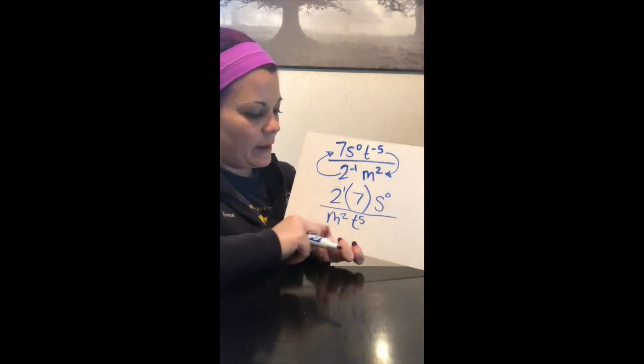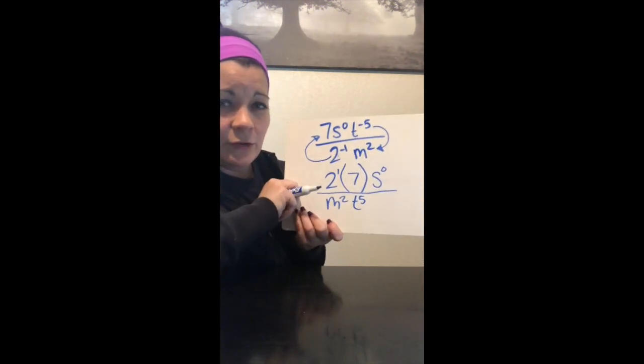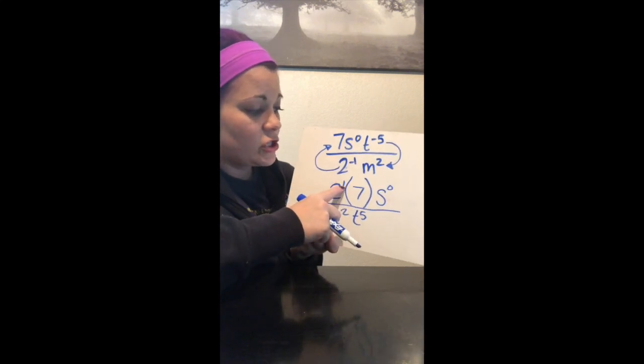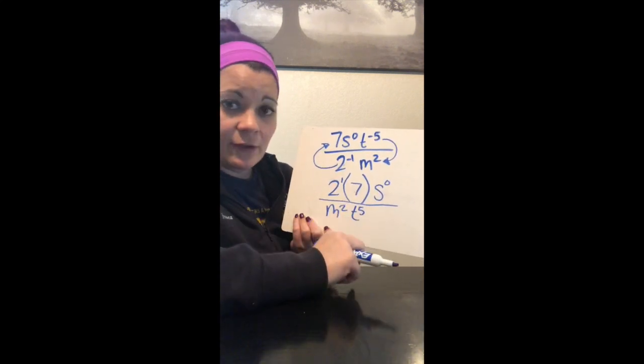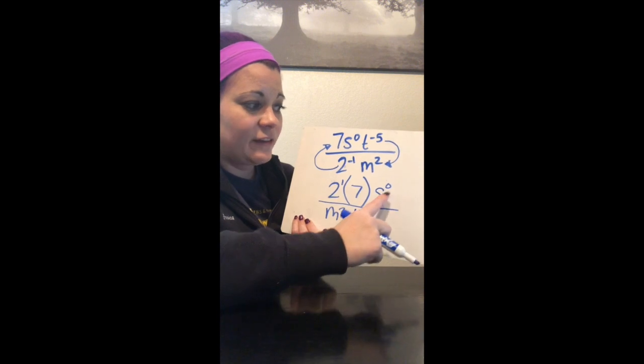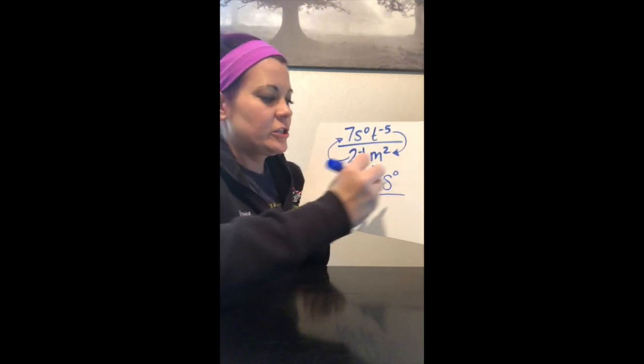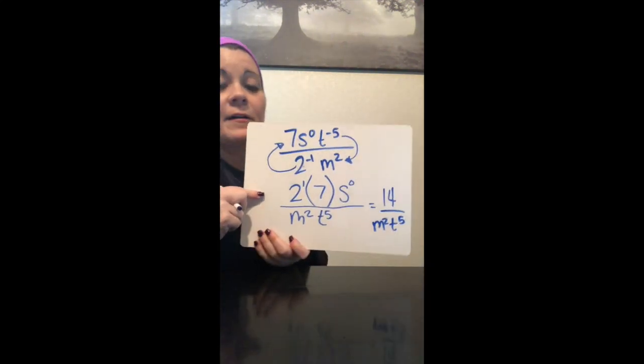We can't simplify the denominator anymore because we don't know what the variables are, but we can simplify the top because 2 to the 1st is just 2, and 2 times 7 is 14, and we know s to the 0 is 1, so 14 times 1 is just 14, so we have 14 over m squared t to the 5th. So that would be our final answer.